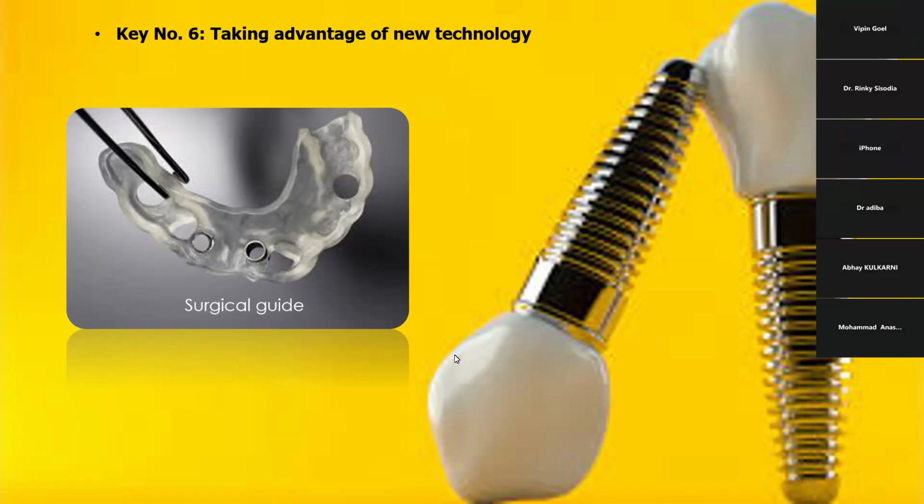Accurate surgical guide, because for making a surgical guide, the lab person or a center should know how to read the CBCT.